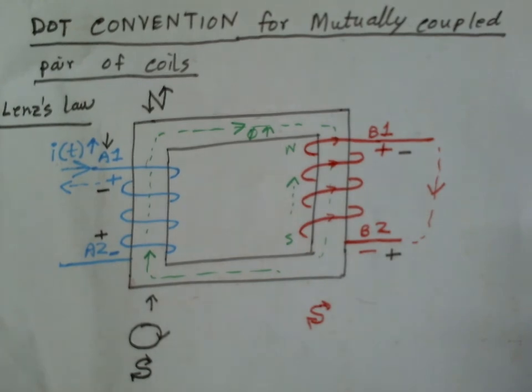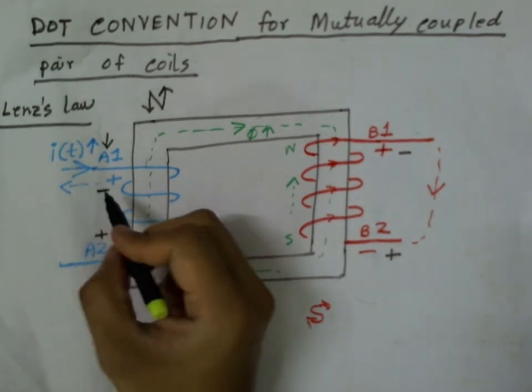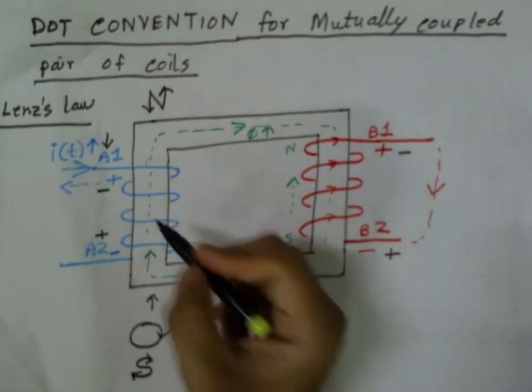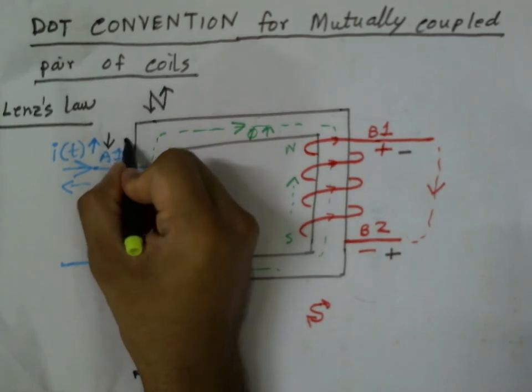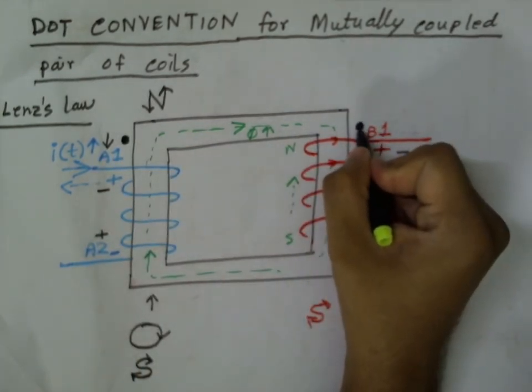To indicate this, we put a common symbol alongside A1 and B1, something like a dot here and a dot here.